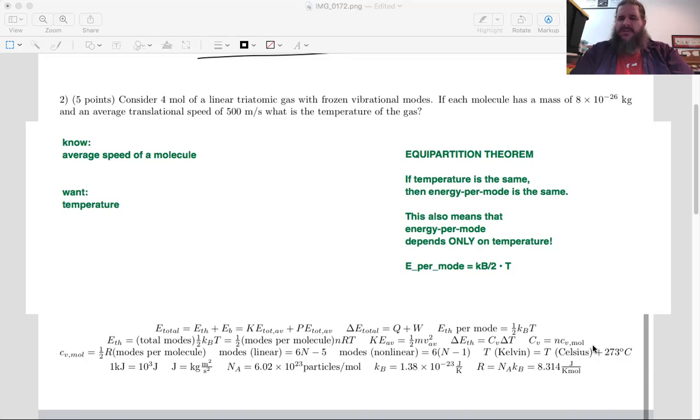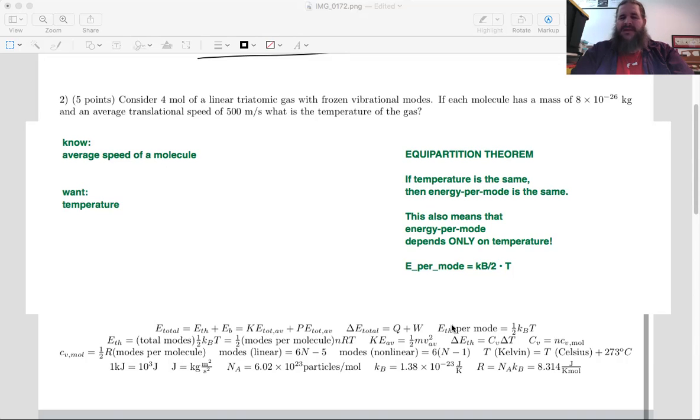Rotational kinetic energy would be associated with how fast a molecule is spinning. But here we're not talking about how fast it's spinning, we're talking about how fast it's moving through space. So what kind of energy is related to how fast an object is moving through space? Yeah, the translational kinetic energy. So if we know the average speed of the molecule, we can find the translational kinetic energy.